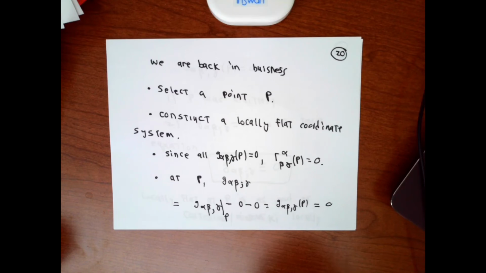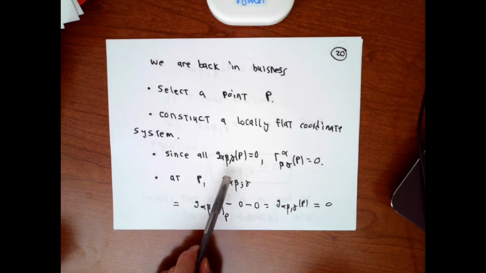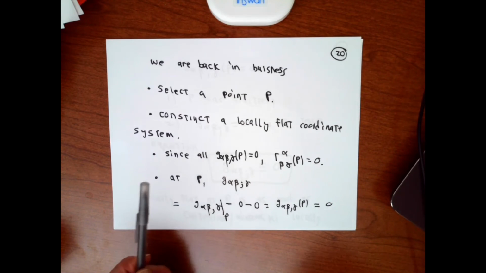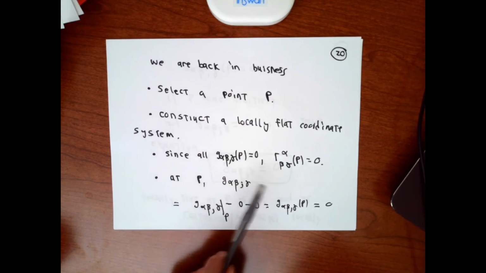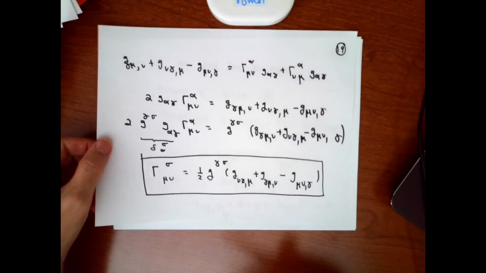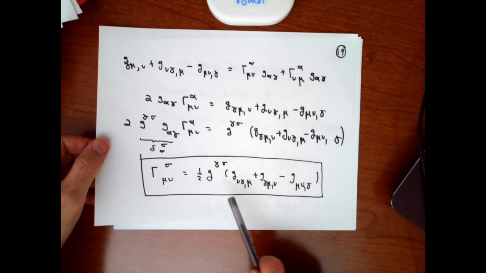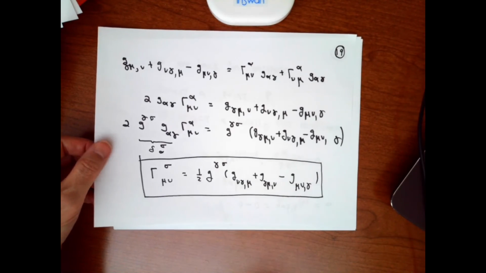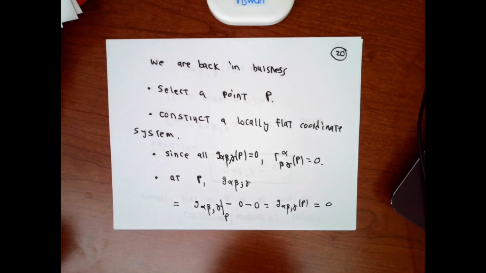In your curved space, select a point P, construct a locally flat coordinate system at P. Since the partial derivatives of g at P are all 0, our nice formula tells us all of the Christoffel symbols are 0 as well.